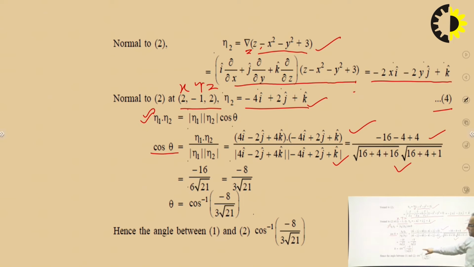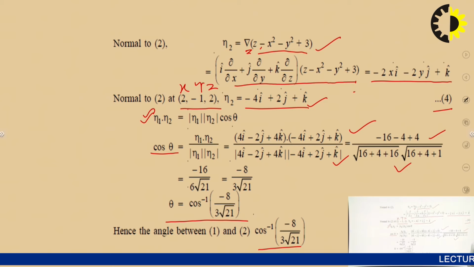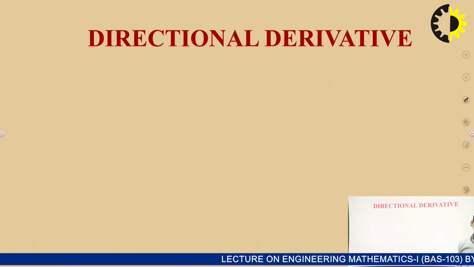After solving this you will get the result: the angle theta is equal to cos inverse of minus 8 upon 3 root 21. So finally you got the angle between two surfaces, cos inverse minus 8 upon 3 root 21. Alright, so this was the angle between two surfaces.